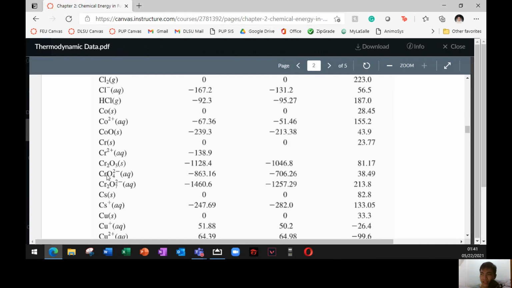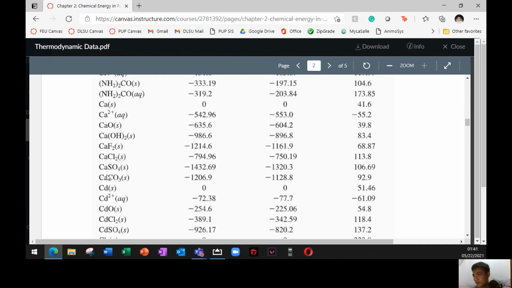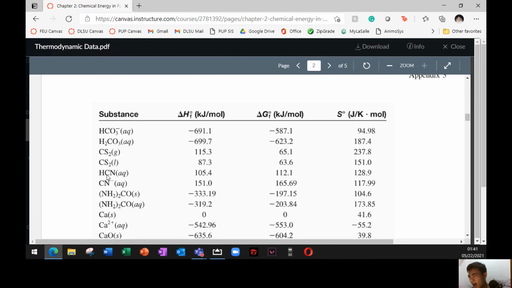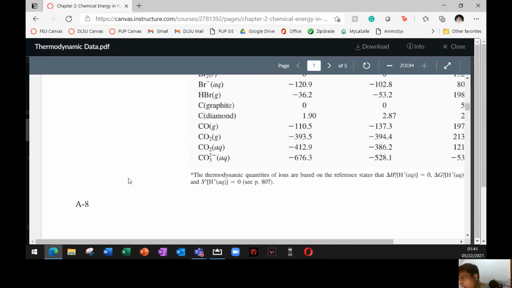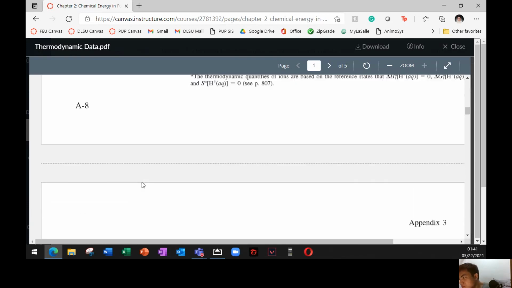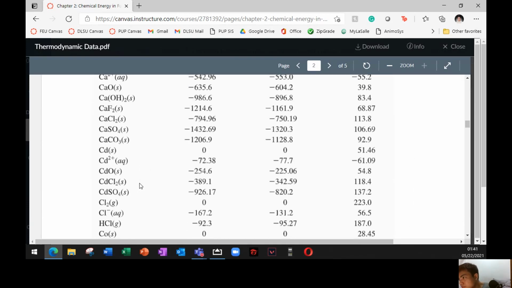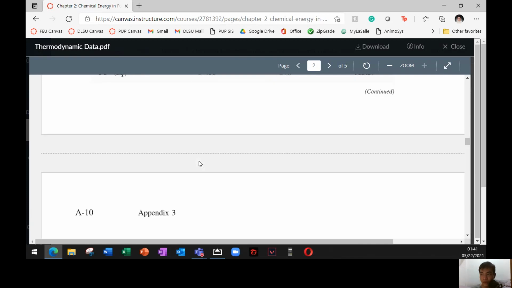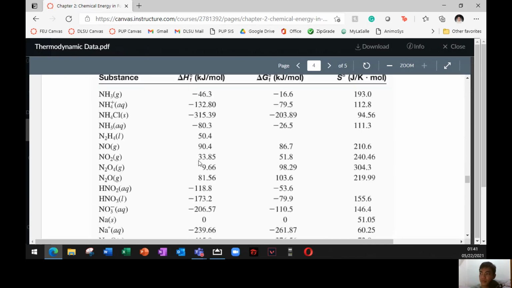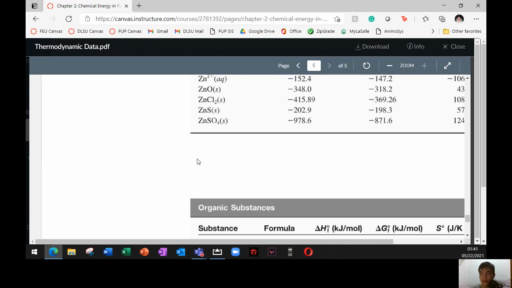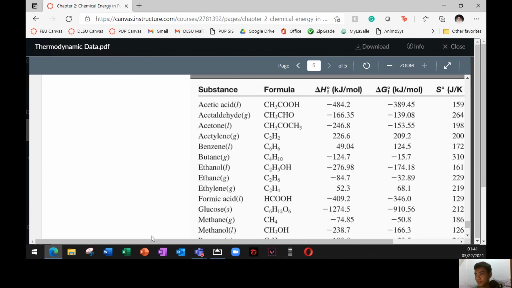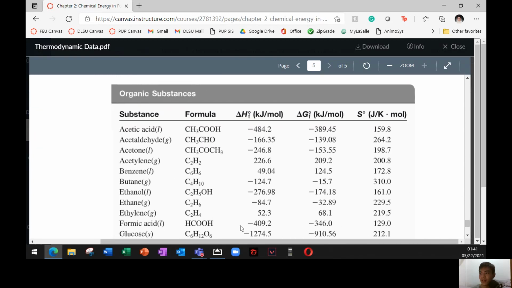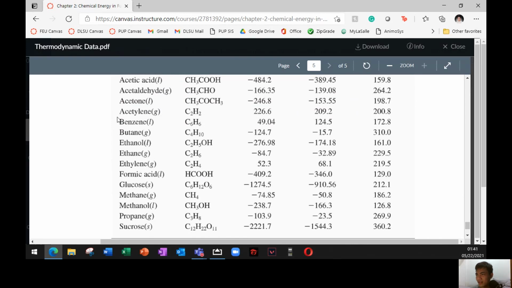asan yan CH4? Wait lang, CH4. Nasa dulo ata. Hanapin natin yung delta G values nila. Ito. Sa dulo yung mga organic. So, for methane, ayun, methane.